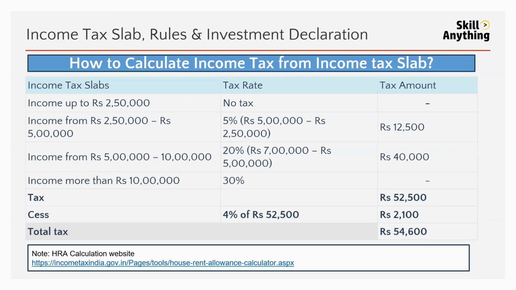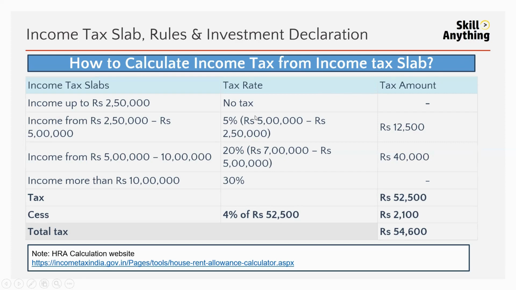Now let's see the calculation of income tax slab by the old regime. There's a person named Rohit. His income is 12 lakh per annum. On that base, from 12 lakh, 2,50,000 need not be paid as tax. After 2,50,000, on 5 lakh minus 2,50,000, he needs to pay 5%.